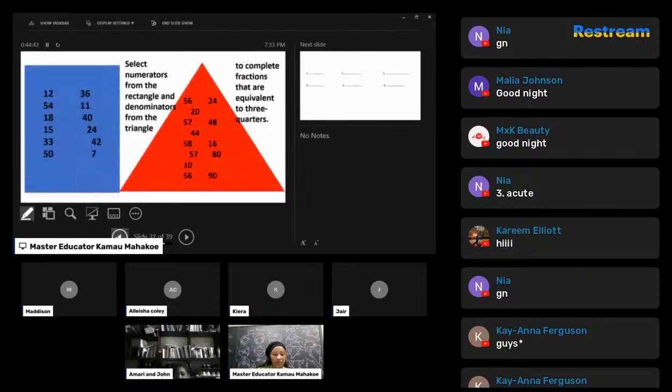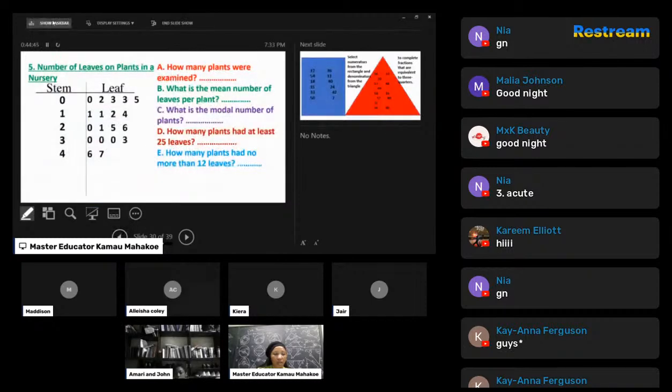Oh, that's it. Okay. Go ahead, Amari. Okay, miss. Number 5. Number of leaves on plants in a nursery.